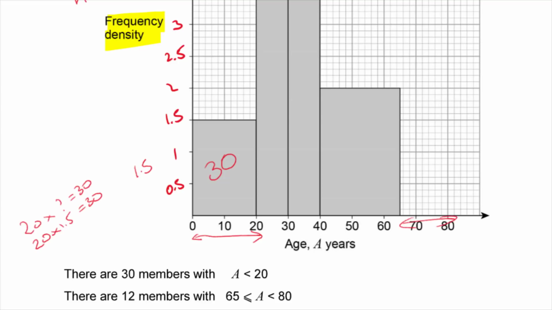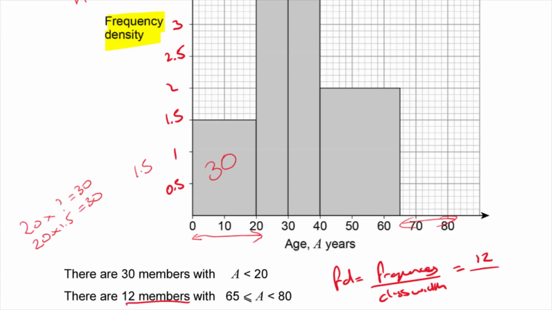So there are 12 members with a height of between 65 and 80. So frequency density equals frequency divided by class width. So in this case, for the 12 members, the frequency is 12.